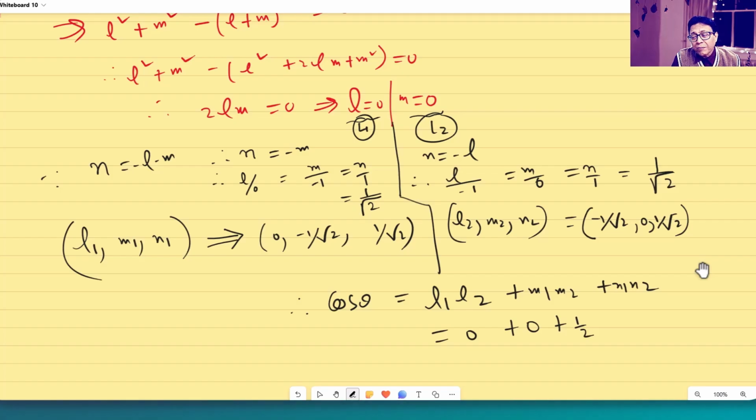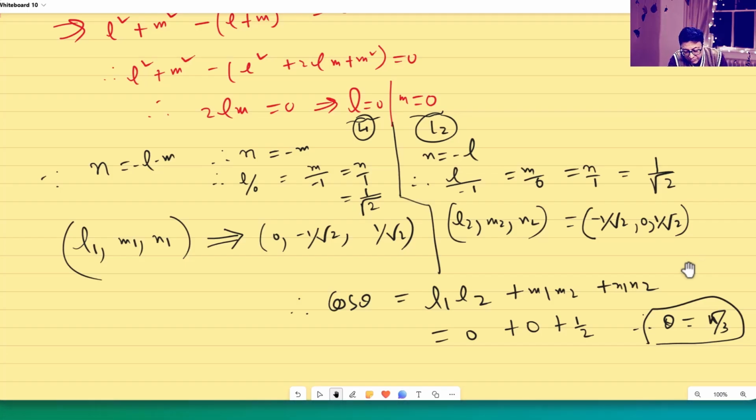So theta is going to be pi by 3. So these are kind of sums where only two conditions are given, but we are getting all 6 unknowns from 2 known given equations. Okay? Let's see the next type of sum.